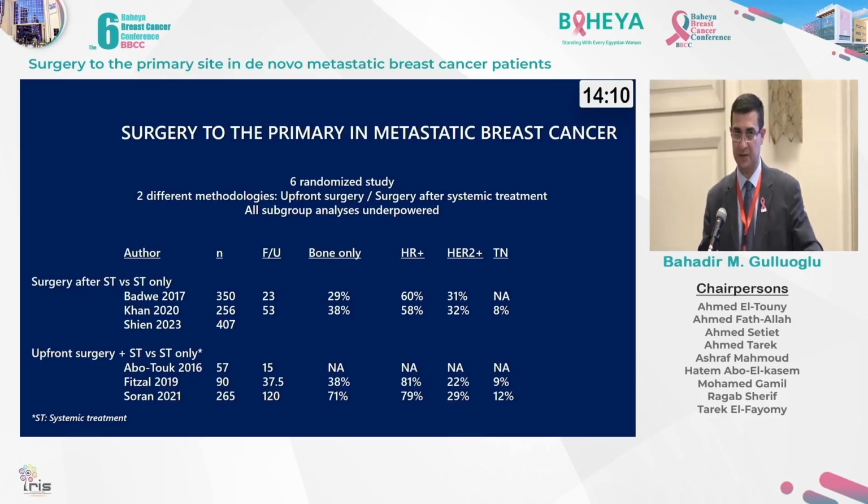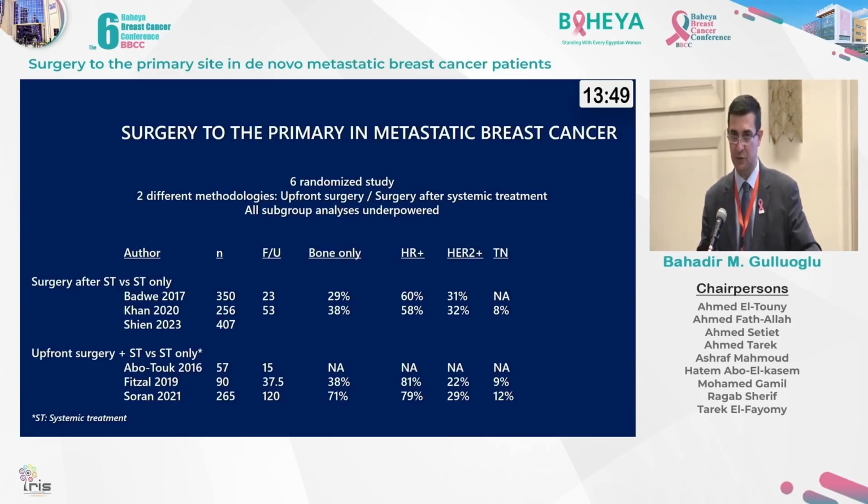First, because the designs of the studies are divided into 2. The first group of studies were designed as prospective randomized studies, but first the patients receive systemic treatment. At the end of, let's say, 4 to 6 months, if there is a response to the systemic treatment, then the patients were randomized into surgery versus no surgery.